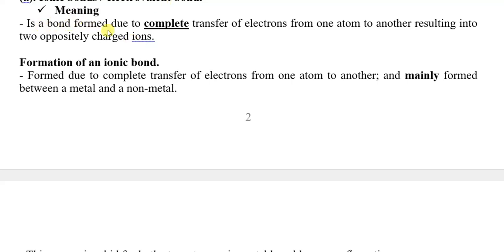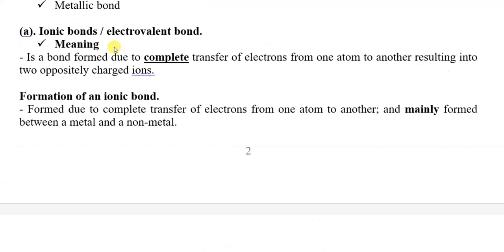Another very important piece of information is this. How will you know that this one is an ionic bond, this one is covalent, or this one is metallic? The ionic bond is formed due to complete transfer of electrons from one atom to another, and mainly, this is where I want you to mark this, between metals and non-metals.